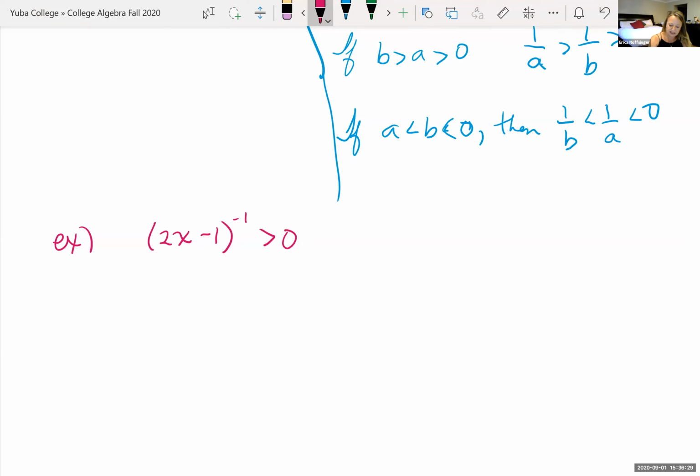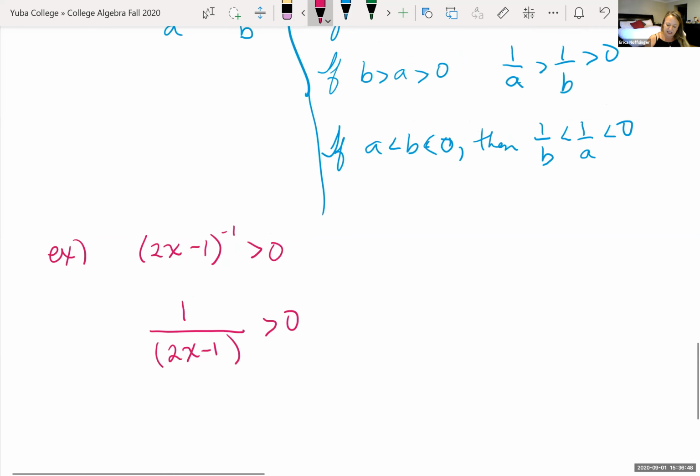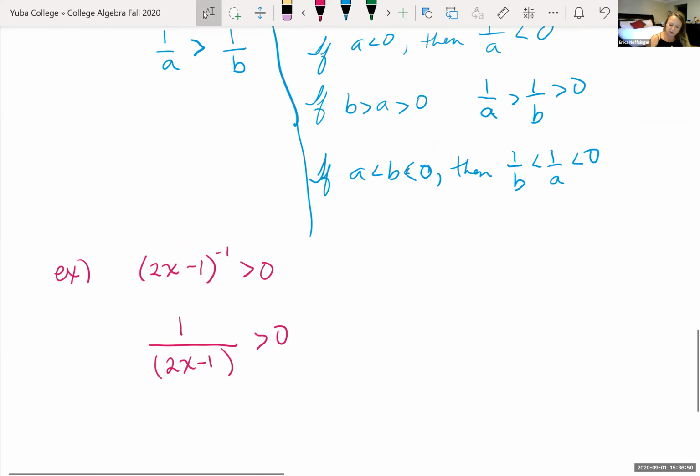And this technically is saying the same thing as 1 all over 2x minus 1 is greater than 0. But we're going to use the rule that if something is greater than 0, then the reciprocal is also greater than 0. So we're going to use that fact.